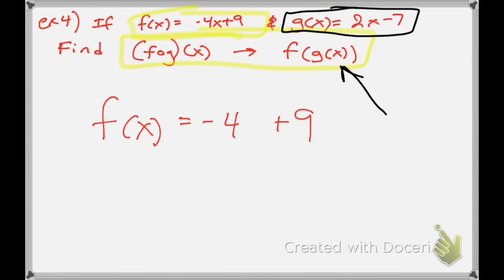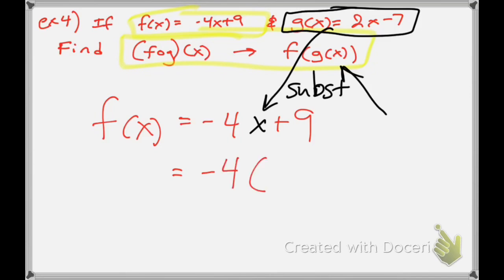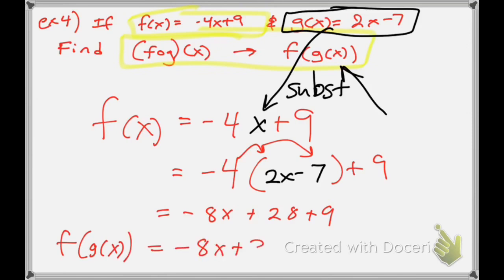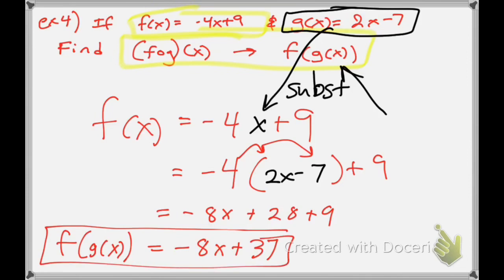So when I substitute g of x in for x, what you end up getting is -4 parenthesis, here's my substitution, plus 9, and now I just simplify. So I distribute that -4, that gives me -8x plus 28 plus 9, which gives me f of g of x equal to -8x plus 37. And that is your solution.